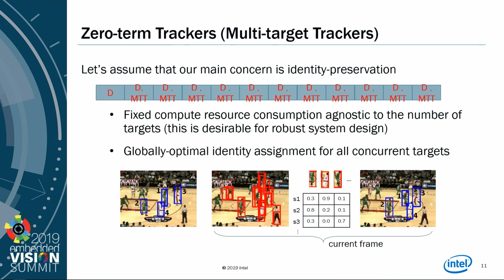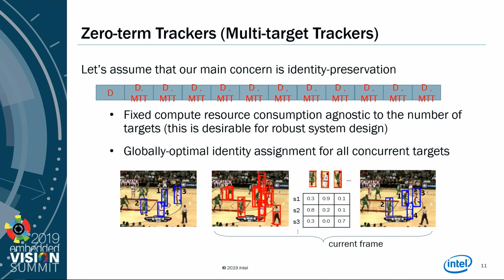The tracking-by-detection tracker, also known as a multi-target tracker, is especially designed for that. To simplify our discussion, let's assume that the detection performance is good enough, so we just want to use some identity preservation from the tracker side. If we assume that, we can run the detection at every frame, and we can run the tracker at every frame to keep the identity.